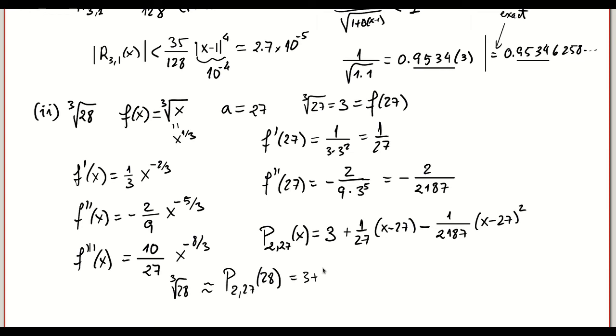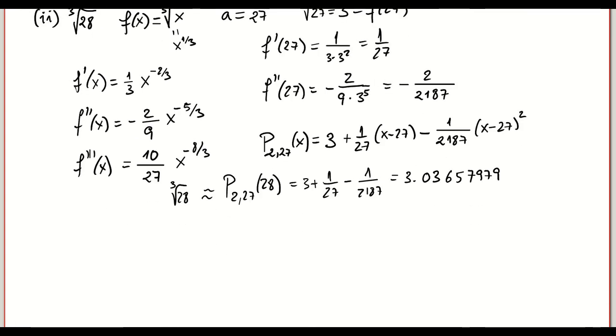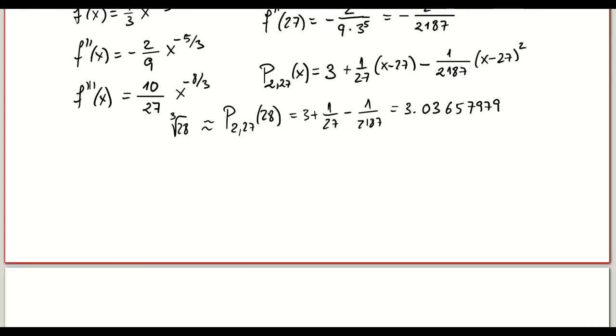So this is 3 plus 1/27 minus 1/2187, and that is numerically 3.03657979. All right. This is the approximation that the polynomial provides.